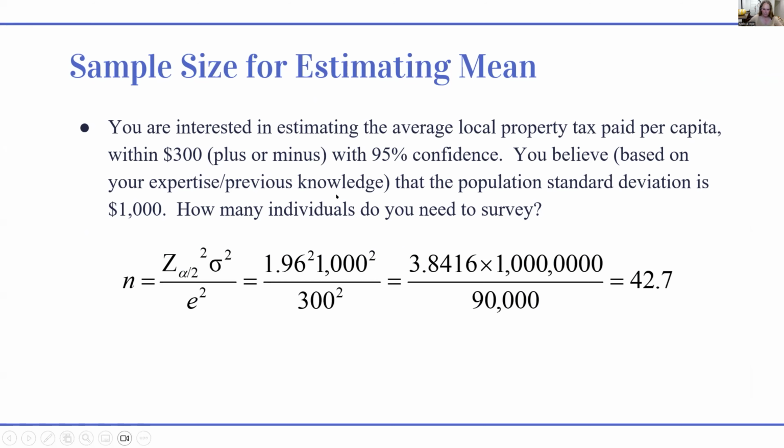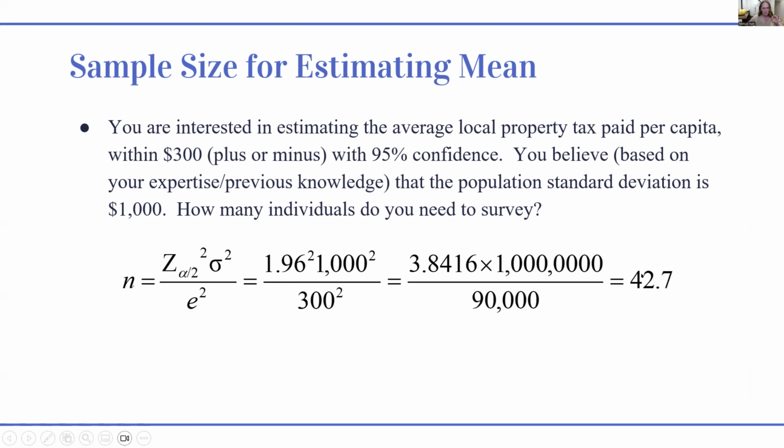Well, this is the population standard deviation, so you can use the z-score. The z-score for 95% is 1.96. So 1.96 squared, you got the standard deviation squared. That's this ginormous number, and then you divide it by this E, the margin of error, and that gives you 42.7.